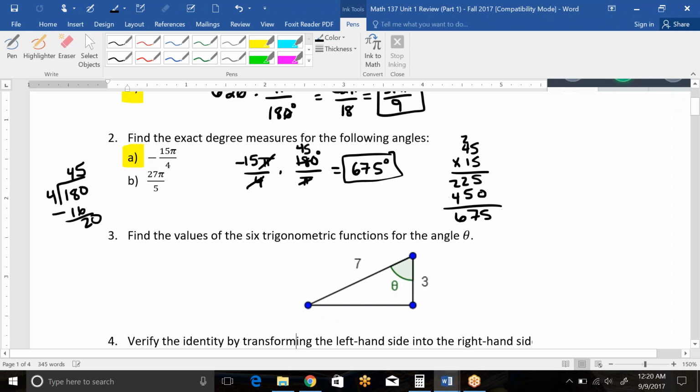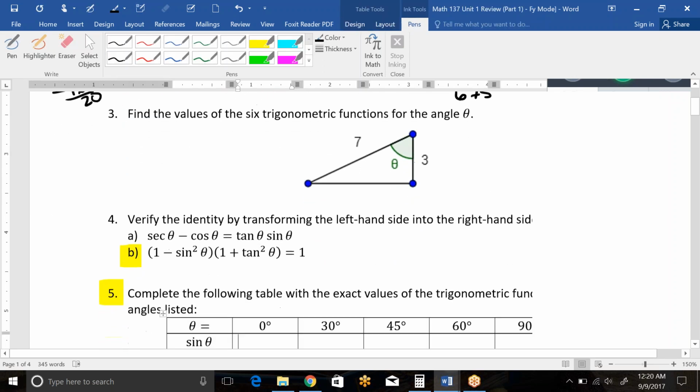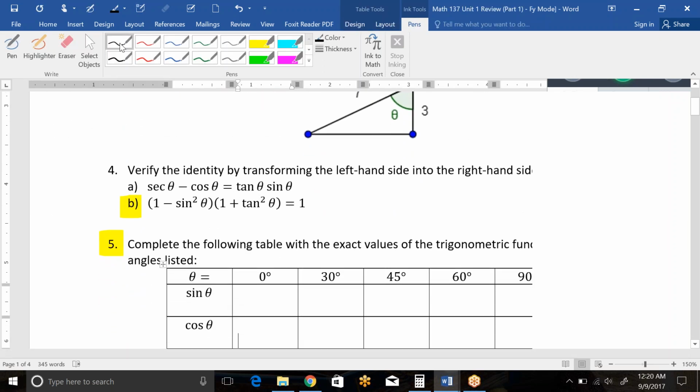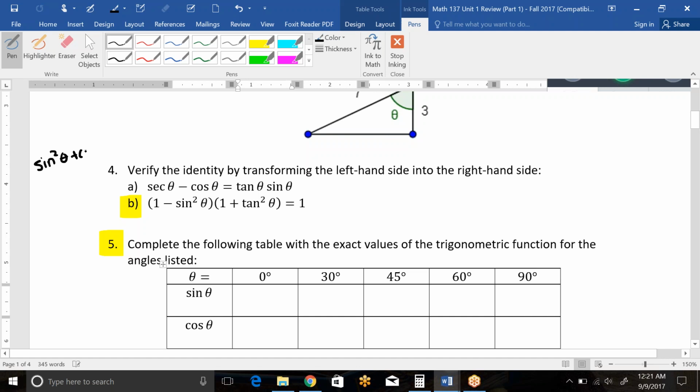Okay, we did 3 in class. For 4, part B, we're looking at trying to transform the left side into the right side, but remember, we don't do anything between the two sides. We just take this and try to change it so that it ends up being a 1. Now, we had some Pythagorean identities that look like they might be involved here because you have the squared parts. So this is sine squared theta plus cosine squared theta equals 1.